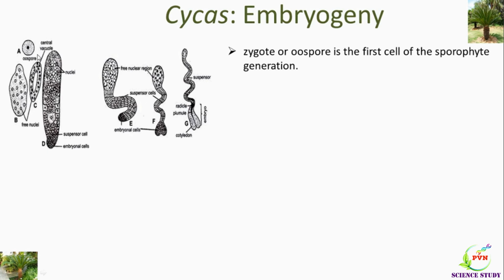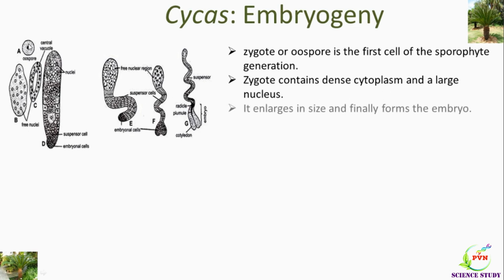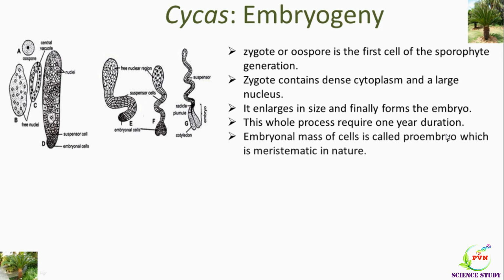The zygote or oospore, which is the first cell of the sporophytic generation, enlarges in size. The zygote contains dense cytoplasm as well as a large nucleus. It enlarges and finally develops into an embryo. The whole process requires nearly 1 year, so it is a very long process.